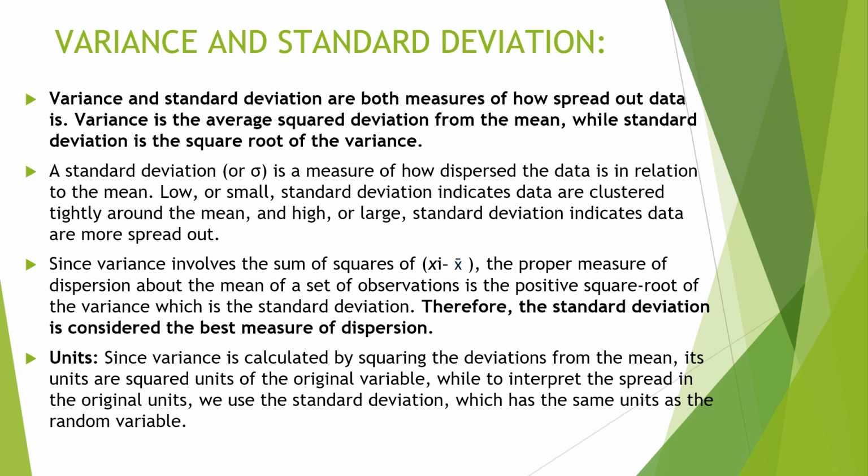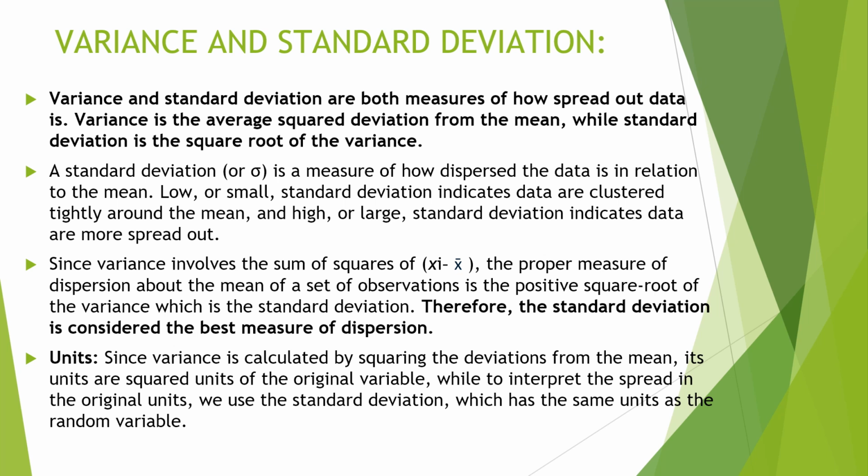Now the second thing is why standard deviation is considered the best measure of dispersion. Because by seeing the formula we know that variance involves the sum of squares. That means whatever answer you get will be in the form of a square, so it will not give you an exact idea of the deviation. Only when you take its positive square root will you get the answer in the unit of the original data. For example, suppose I have the variance for the height of students.